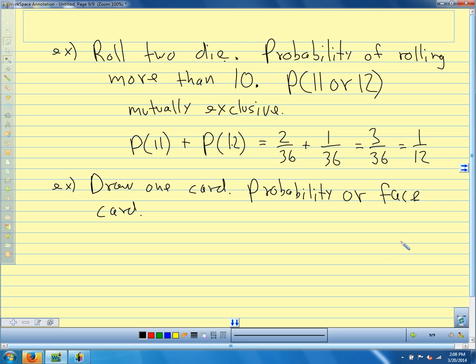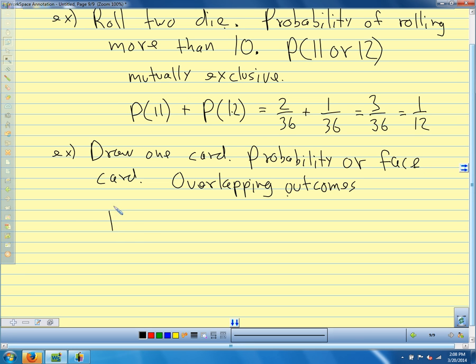Some of the clubs are face cards. So these have overlapping events, overlapping outcomes. So what we need to do is find the probability of a club plus the probability of a face card minus the probability of a club and a face card.